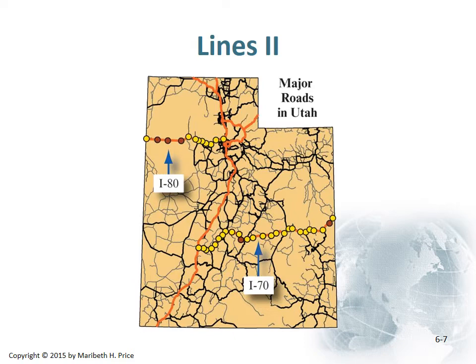For some reason, we're using Utah in this series of images. Interstates are depicted with a particular type of line, a heavy, bold orange line. And we have lots of nodes and intersections and vertices describing that linear entity across space.